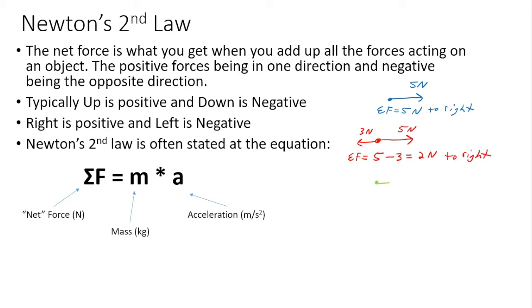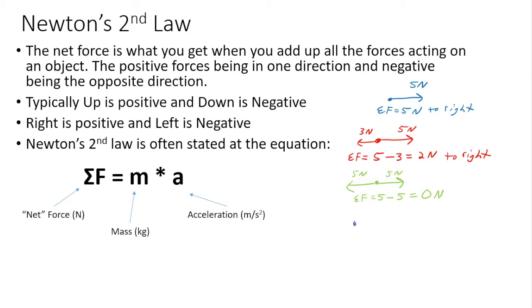Let's say we have 5 newtons to the right again, and also 5 newtons to the left. In this case, my net force is equal to the right minus the left, so 5 minus 5, which just gives me a net force of 0 newtons.